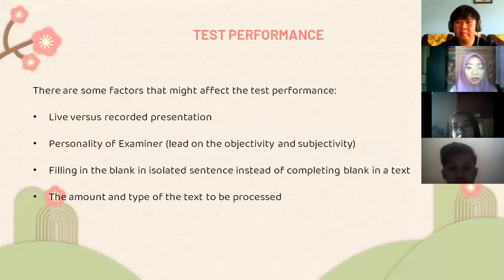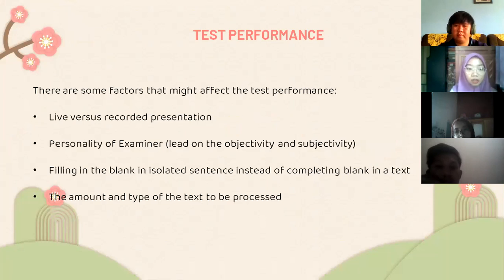In giving the methods of test performance, there are some factors that might affect the test performance and need to be considered. First is live versus recorded presentation performed by the students or learners. Second is the personality of the examiner, which relates to the objectivity and subjectivity of the examiner.